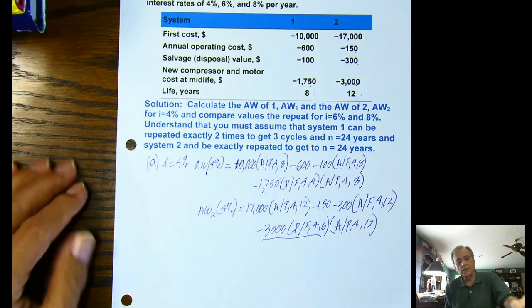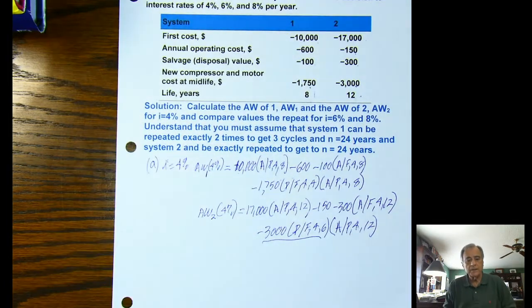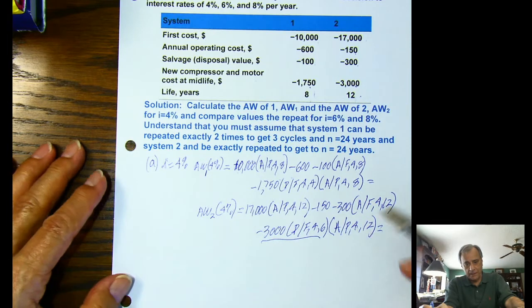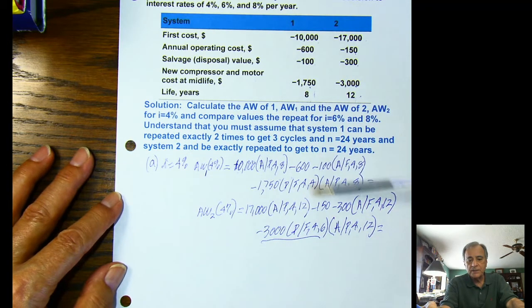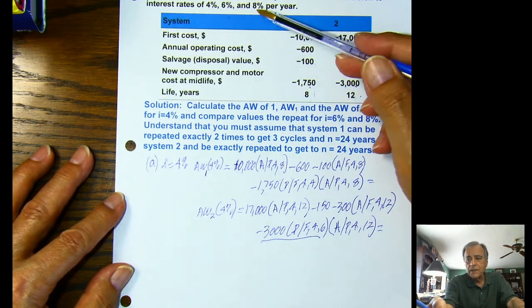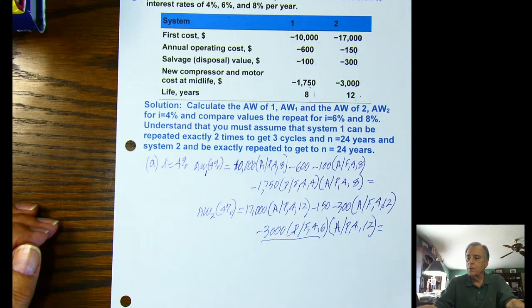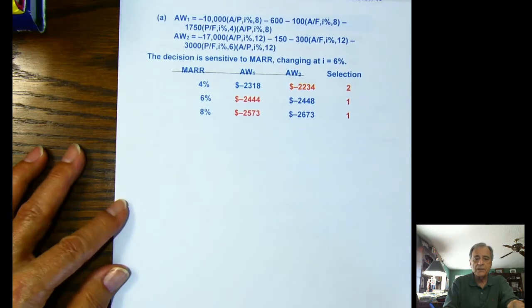So that's the equation for the second term. And then we're going to have to calculate this value, and then we'll do that again. We'll do these same two equations, only we'll change the rate to 6% and to 8%. And I've shown you what results you get when you do that on the next page.